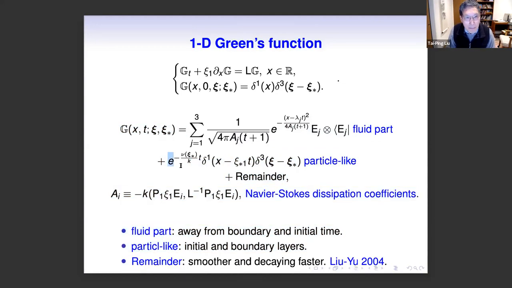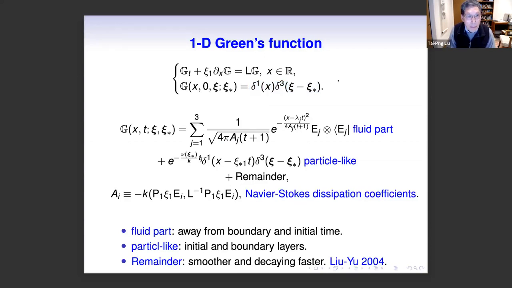This part says that the initial data, which is a bunch of particles, concentrates at x equals 0 with speed c star.